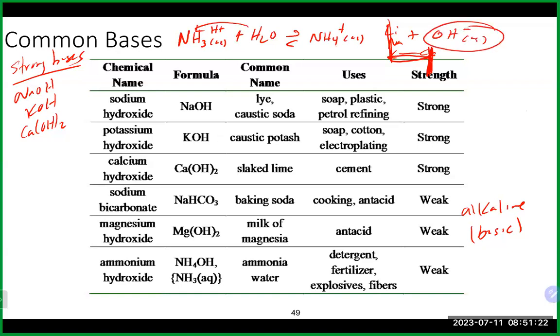It has the ability to produce OH minus in solution, which is why it's considered a base. That's also why in labs, if you need ammonia, they give you ammonium hydroxide, which is basically the aqueous version of ammonia. It is a weak electrolyte and a weak base, and that's those two arrows that we talked about. When we talked about weak electrolytes, it will set up an equilibrium. But ammonia, a weak base, does not have hydroxide in it, but is able to produce hydroxide, which means it's still a base. Any questions on that?